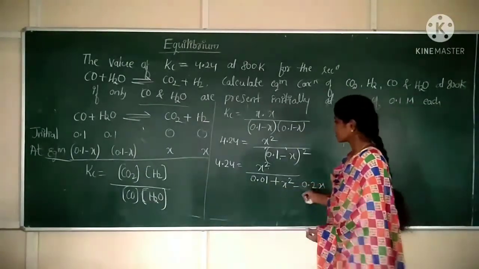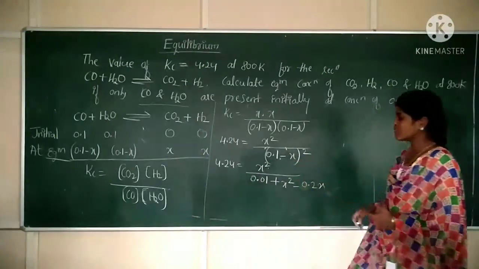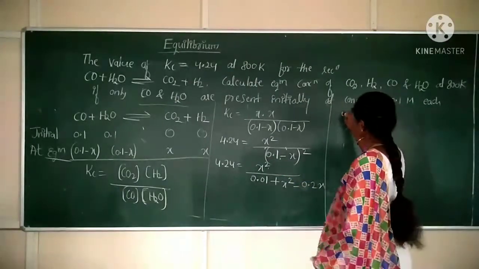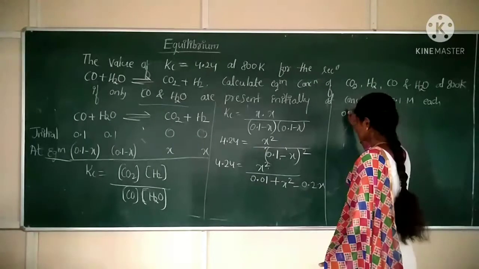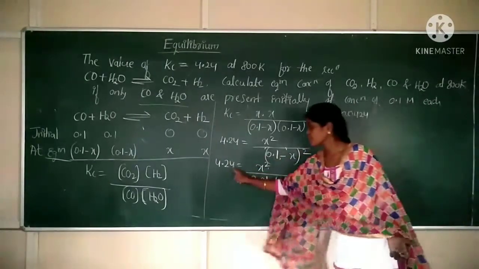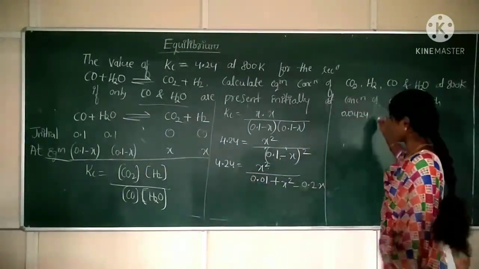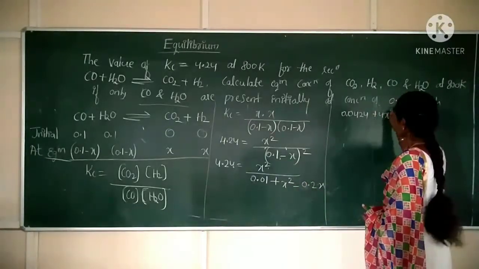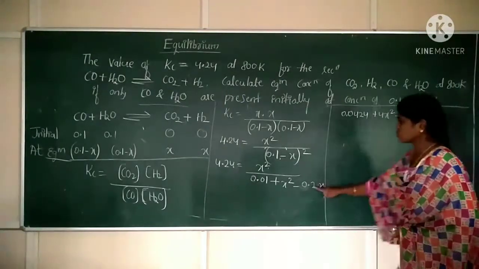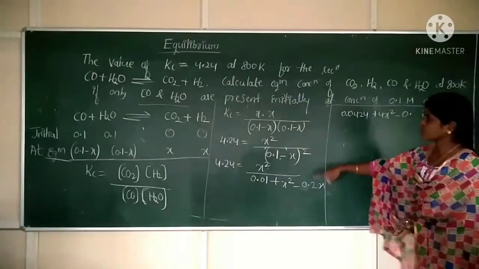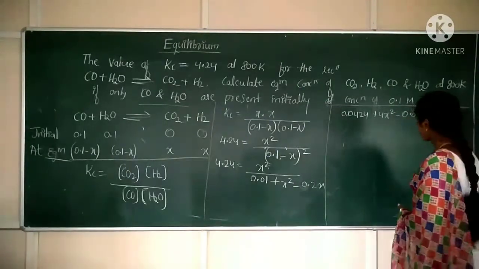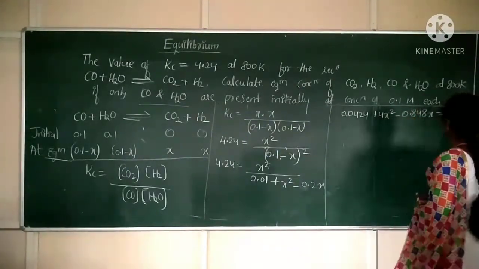Now take these terms to the left side. Multiplying that side, 4.24 into 0.01 is 0.0424, plus 4x square minus 0.848x, which is equal to x square.